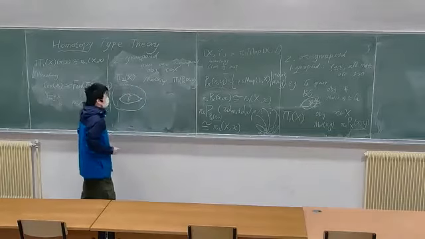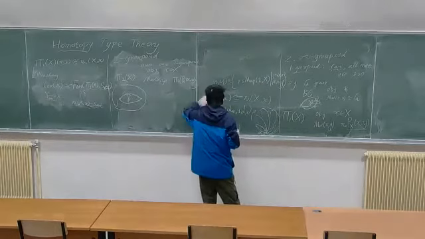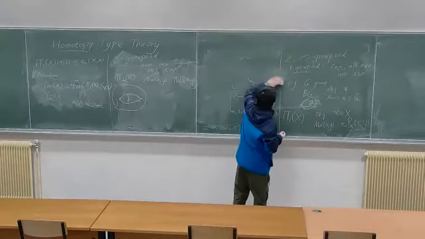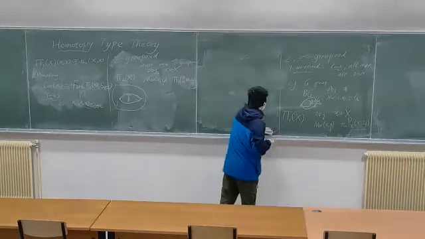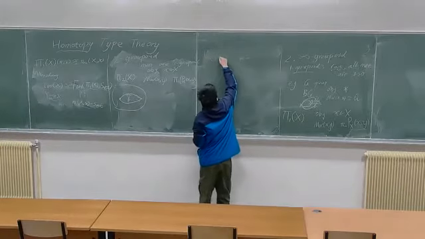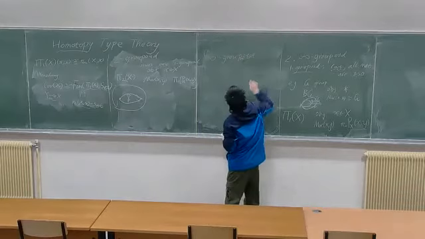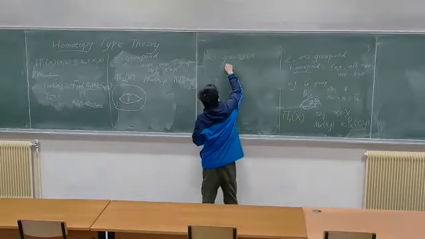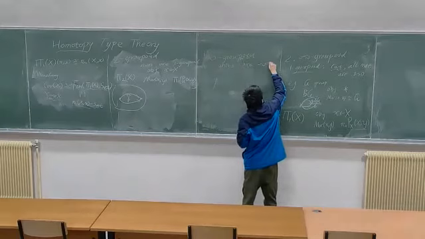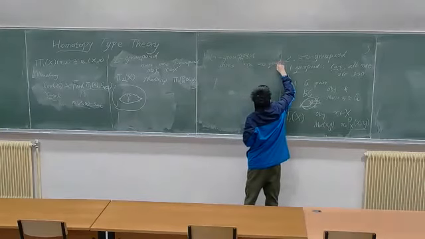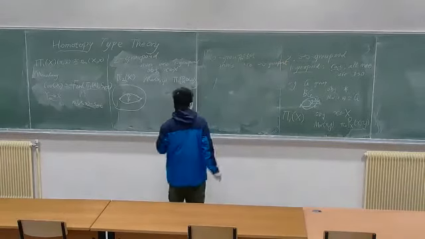So why don't we directly define so-called infinity groupoids? An infinity groupoid is something whose morphisms are again infinity groupoids, so infinity minus 1 is again infinity.